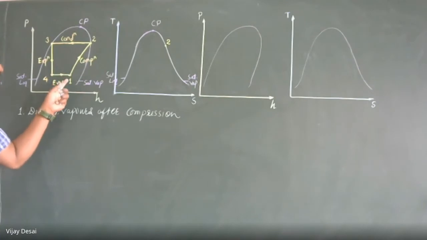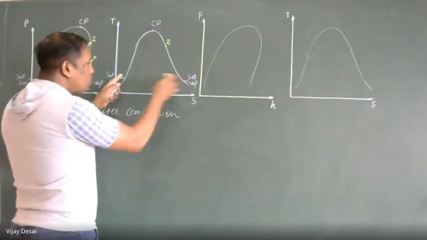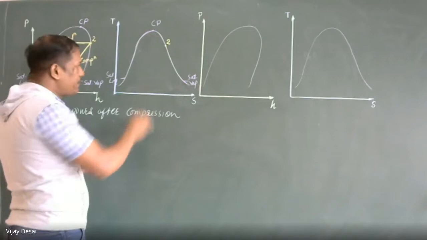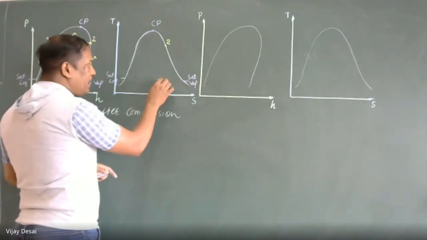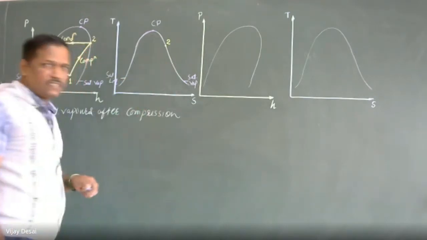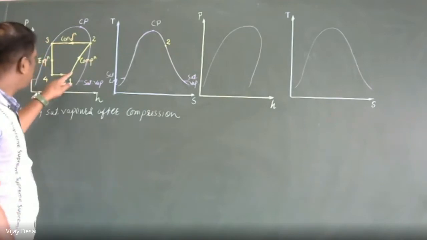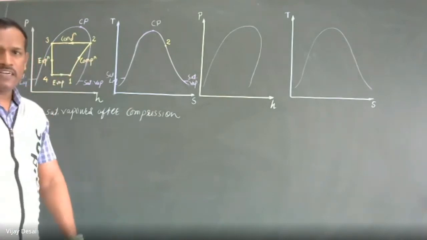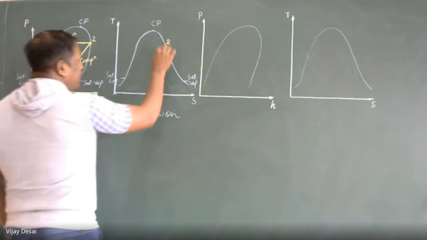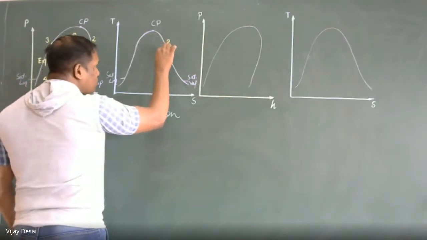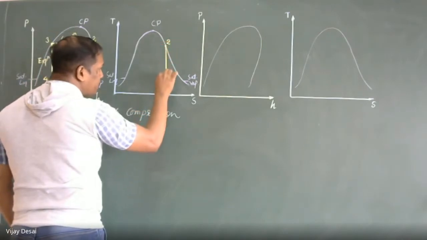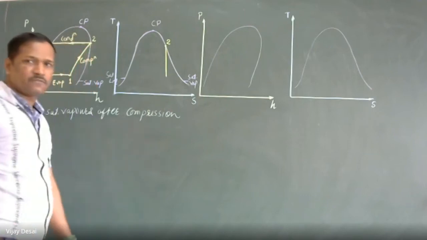That is, point 1 lies in this dome. So it will be a wet vapor, and after compression it becomes dry vapor. The compression process is adiabatic. That means entropy remains constant throughout the compression. So our compression process will be represented as a vertical line.